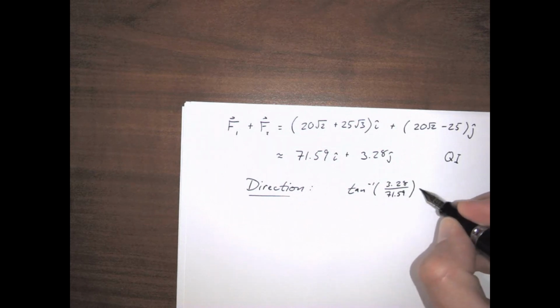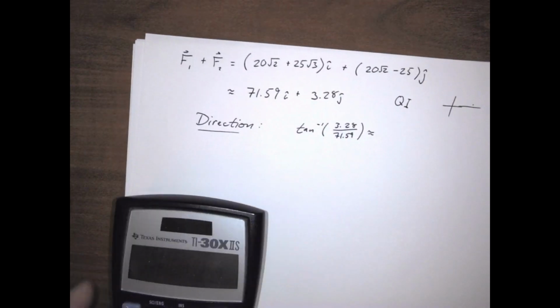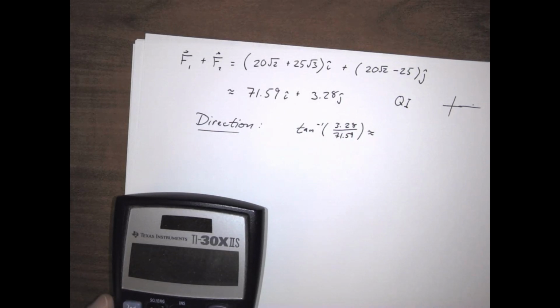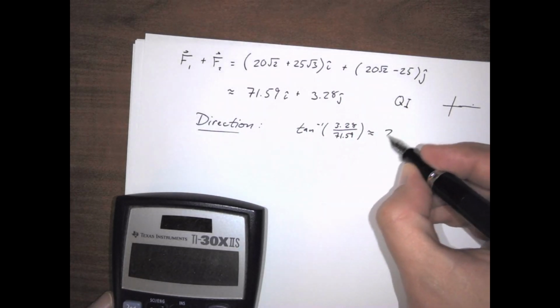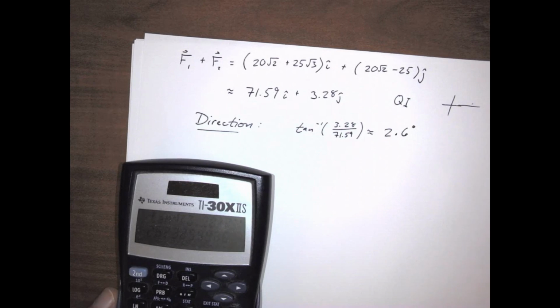And so what we'll get is an angle (3.28) divided by 71.59 of 2.6 degrees. So it's only very slightly positive.